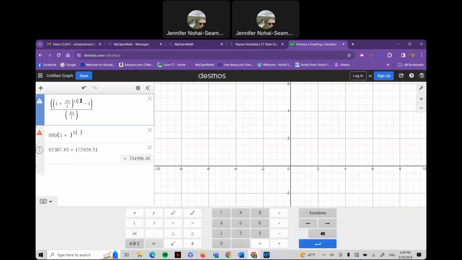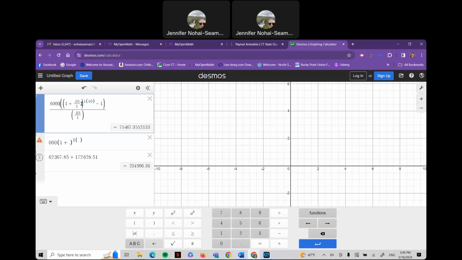Okay, so this is going to be 10 years, and in front of here, it's going to be $6,000. And so we can see after the 10 years at 5%, she'll have $75,467.36.